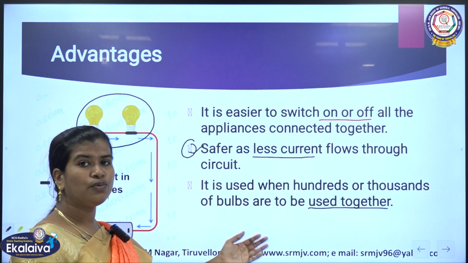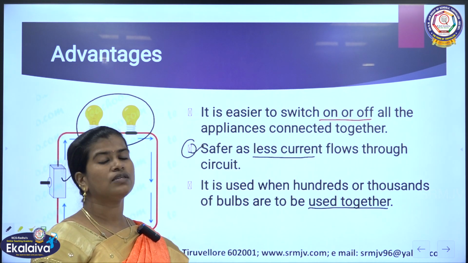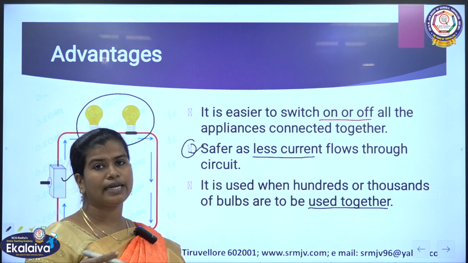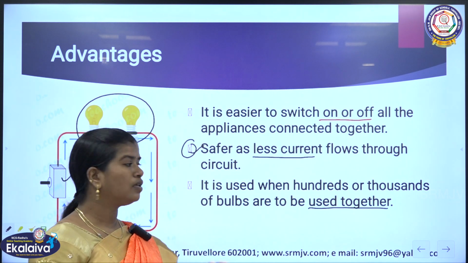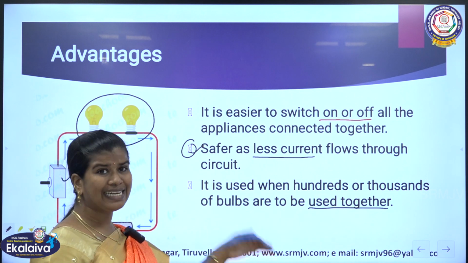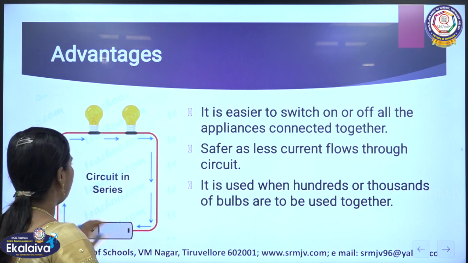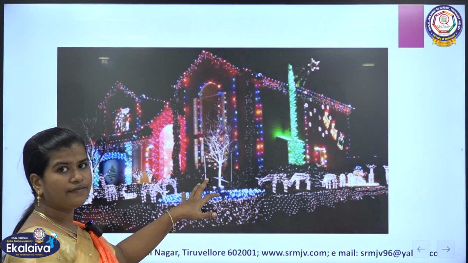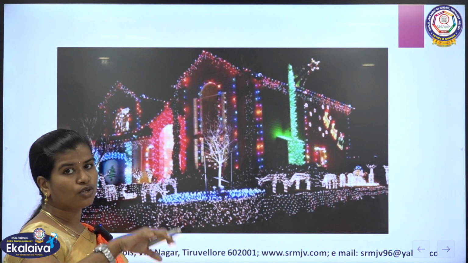Okay. So, where do we usually use hundreds and thousands? Usually in decorative lights. So, in decorative lights, we need not switch on or off individual lights separately, we can do it together. So, in that case it is very useful, and also it allows a very small amount of current through that. So, these are the decorative lights, and usually all the lights will be connected in series.